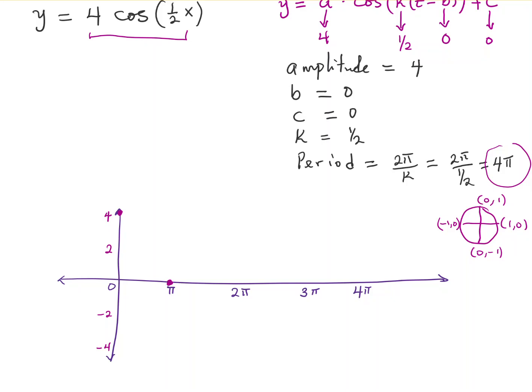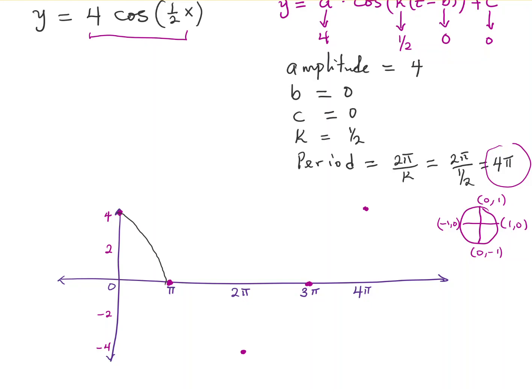Then moving on, here we have -1, which becomes -4 at this point. And here it is 0. And lastly it is 1, which is 4 because of the amplitude. So we add this. Now we can just sketch.